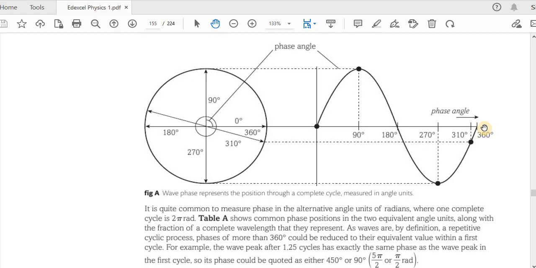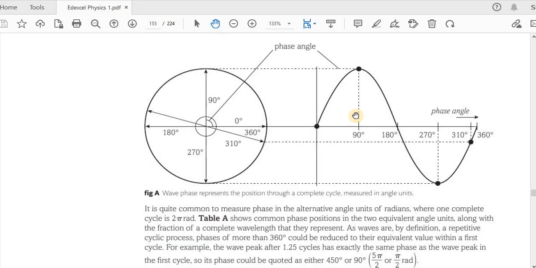So 90 degrees is quarter of this whole thing. From here to here, you can see it's quarter of the full wave, quarter of the cycle. That's why it's 90 degrees.